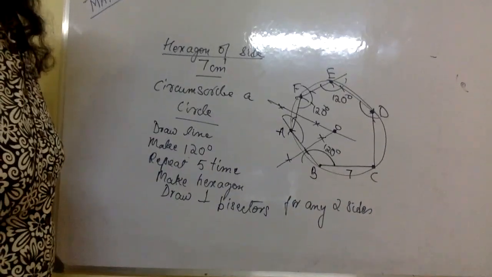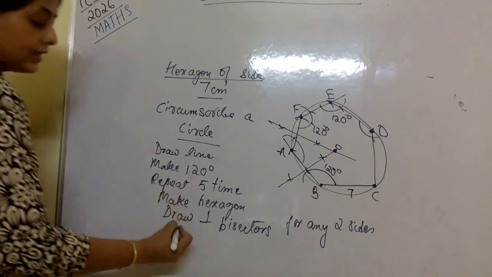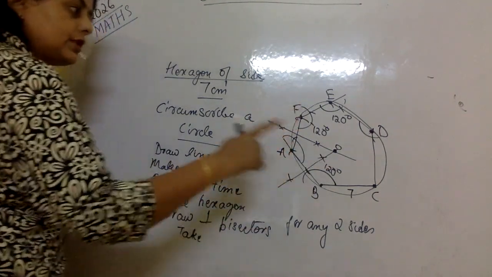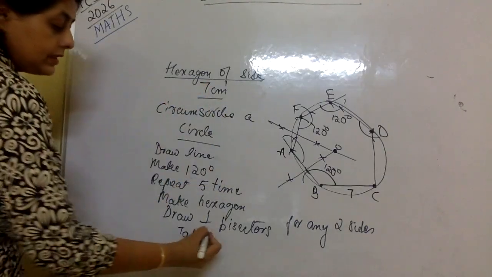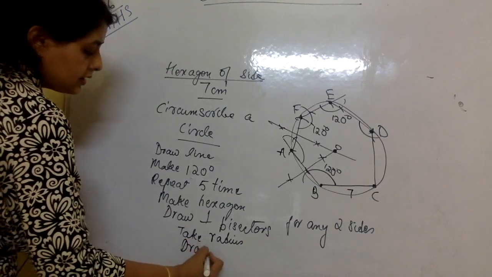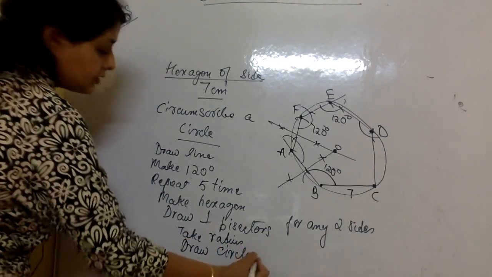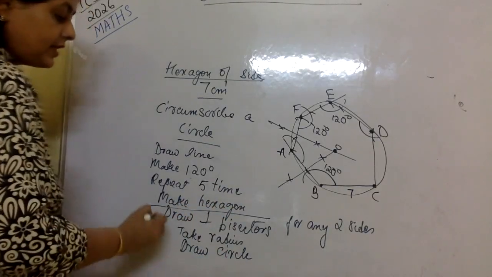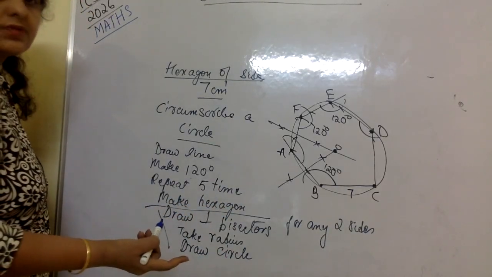The distance from the point of intersection of the perpendicular bisectors to any one vertex gives you the radius. Take that radius, draw the circle, that is the circumscribed circle. So these are the steps: this much for making the hexagon, this much for circumscribing.